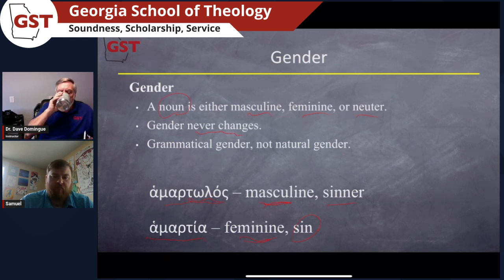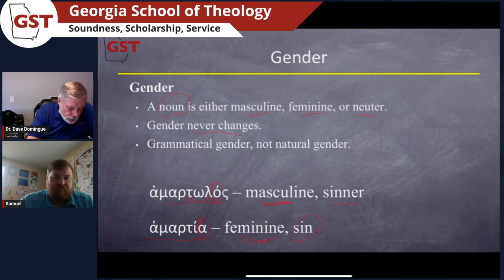Yeah, I mean, it's a lot like Spanish, as far as there is masculine and there's feminine. I don't think Spanish has neuter though. I think it's only masculine and feminine, but just having that omicron, and then the alpha, it really helps you figure out where it is.